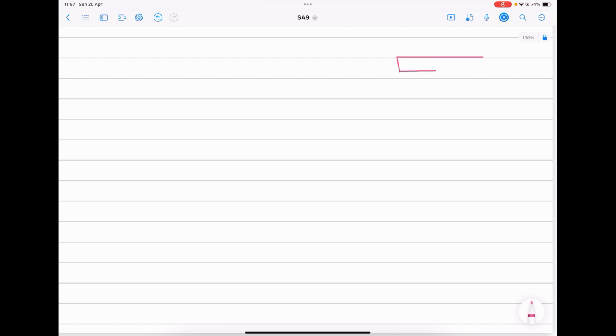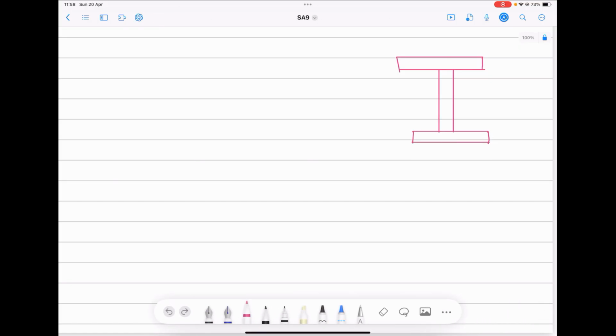This is the beam diagram. First flange. Now this is the web. Now this is the second flange. It is not to scale. Don't worry about the exact geometry of the beam because it is not to scale.